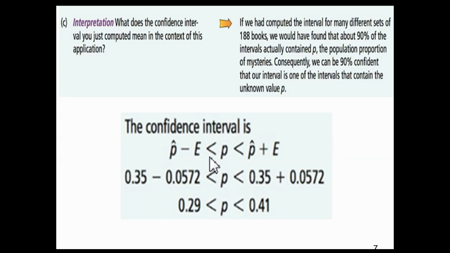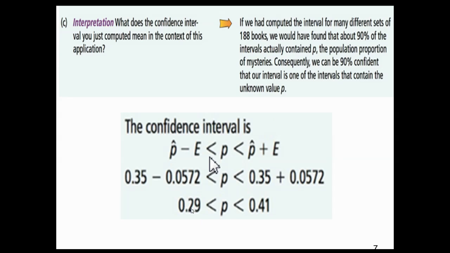The interpretation: if we had computed the interval for many different sets of 188 books, we would have found that 90% of these intervals would actually contain P, the population proportion of mysteries. Consequently, we can be 90% confident that this interval right here is the one that contains the unknown value for P. It's between 0.29 and 0.41.